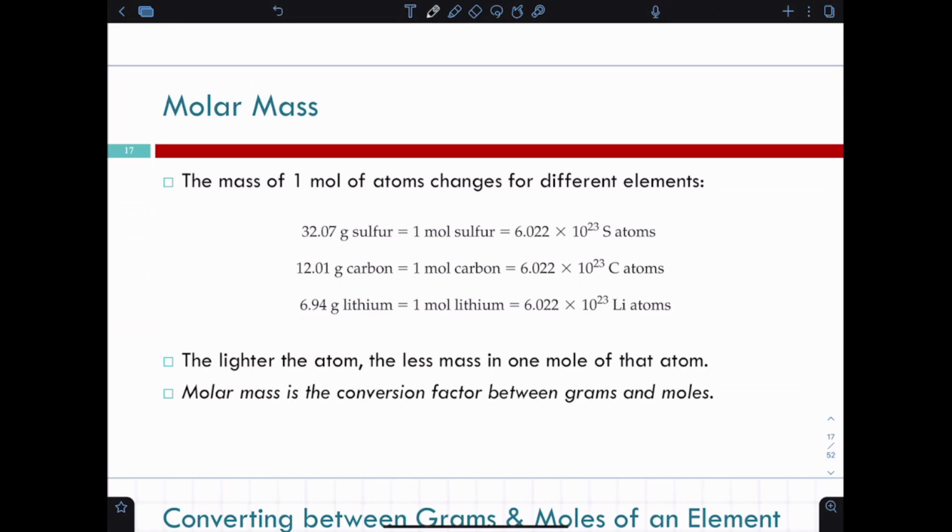So the mass of 1 mole of atoms is going to be different depending on what element you're weighing out. Lithium is going to be very light, 6.94 grams. Carbon's heavier, sulfur's heavier. There's stuff that's much heavier on the periodic table.